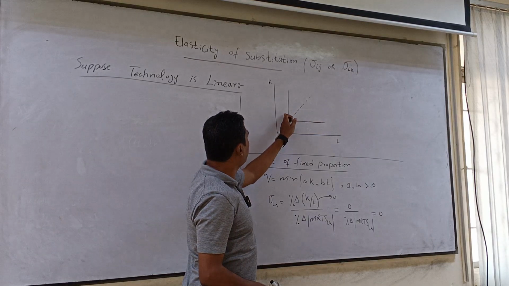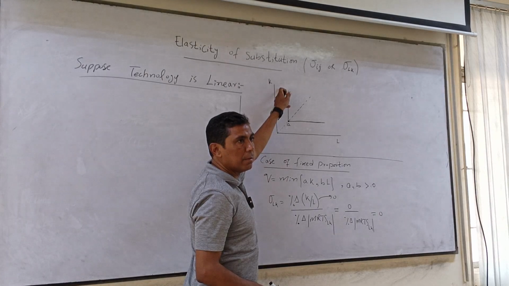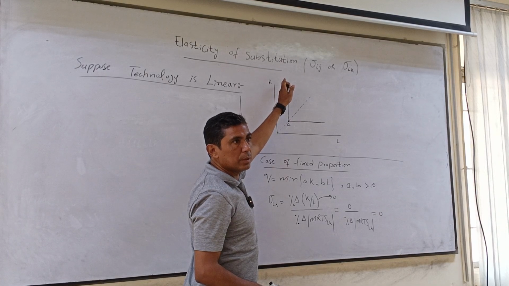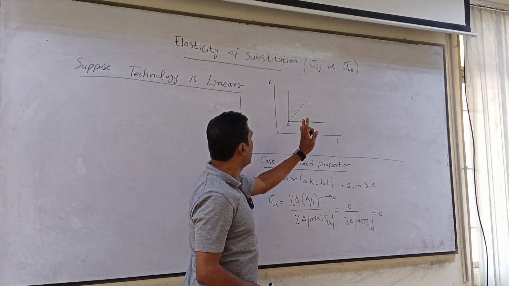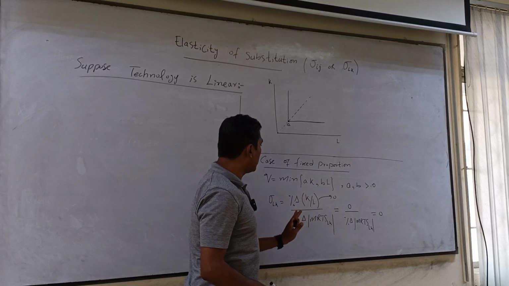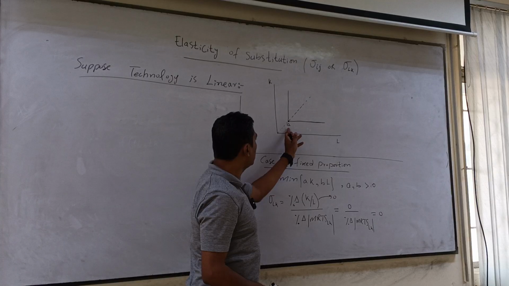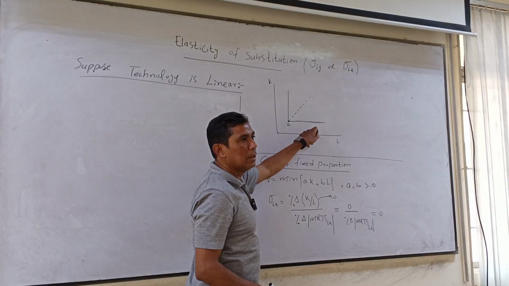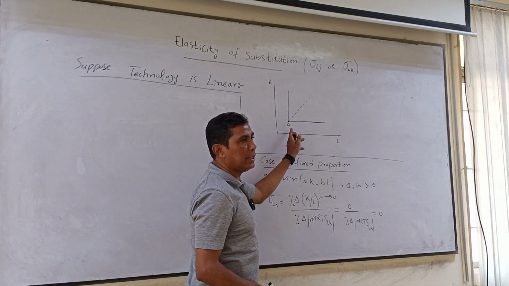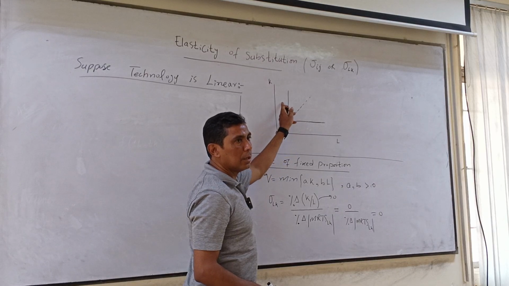Marginal rate of technical substitution for labor before this point is infinity, vertically sloped. Clear? So it means कि MRTS after point A becomes 0 for labor and it is infinity before point A for labor.